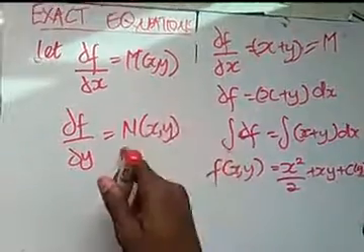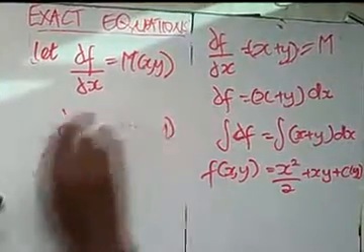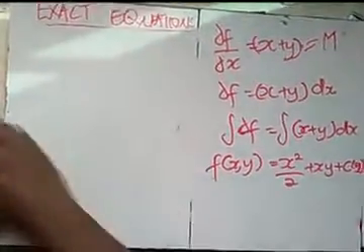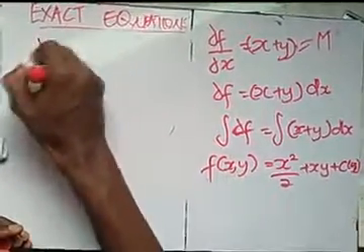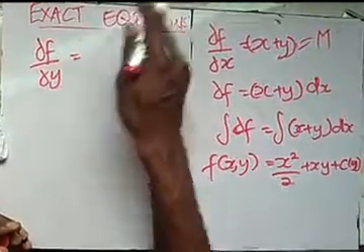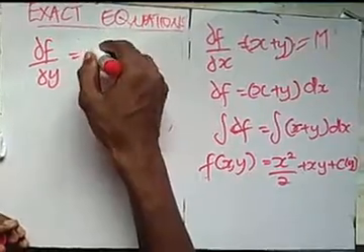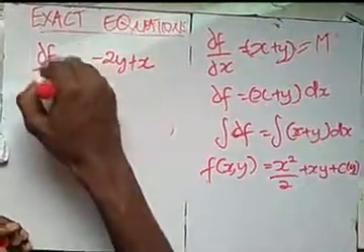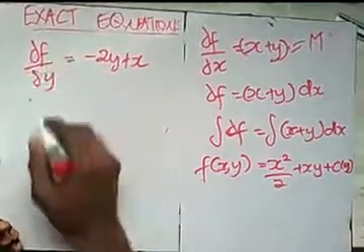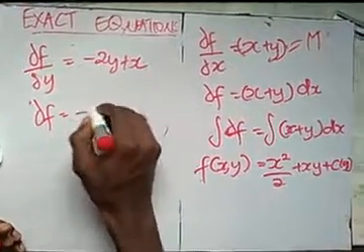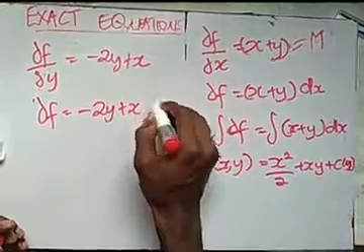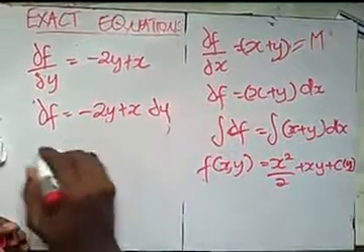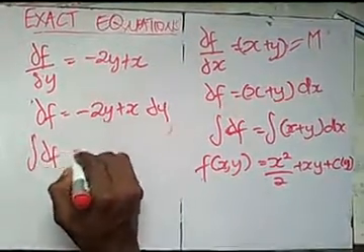So we do the same thing for N, which is the same step and the same procedure. So you have the partial derivative of f over y equals your N, which, if you remember, is minus 2y plus x. So you multiply through by dy. We obtain df equals (minus 2y plus x) dy. So you introduce our integral sign.